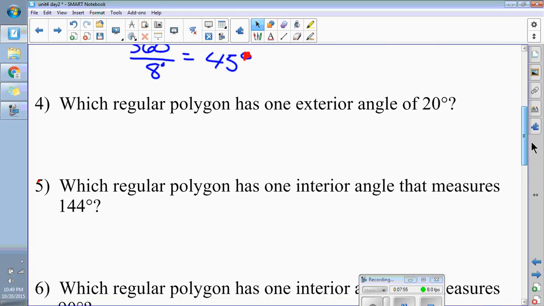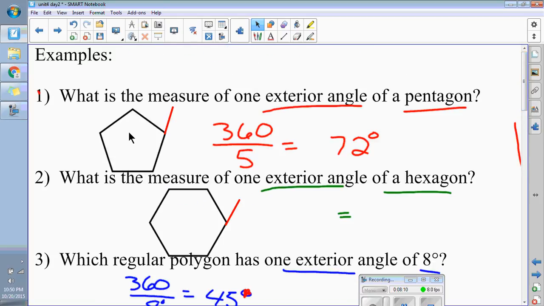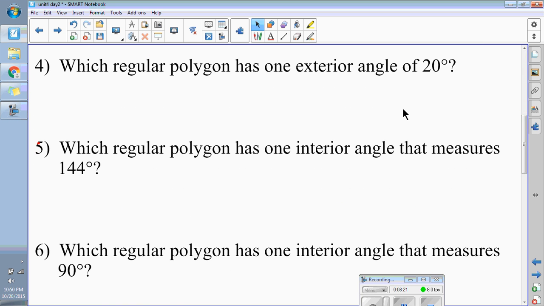Okay, now if we look at number 5, it asks which regular polygon has one interior angle that measures 144. Well, remember, any time you have exterior angles, the interior angle directly next to it and the exterior angle form a linear pair. They form a straight line. So if we want to know which figure has an interior angle of 144, we need to work towards that exterior angle.